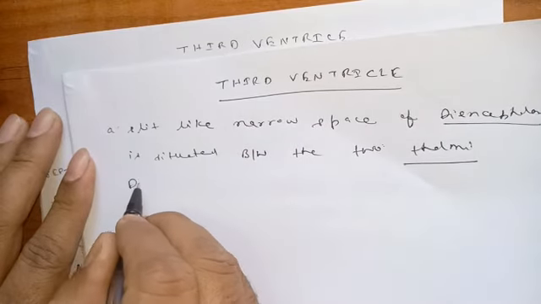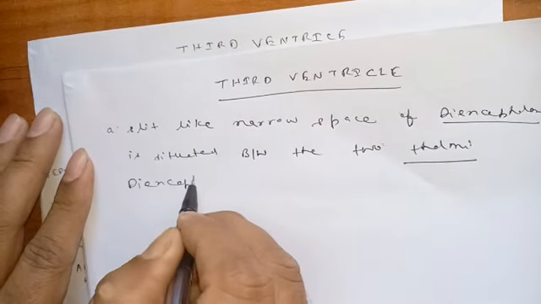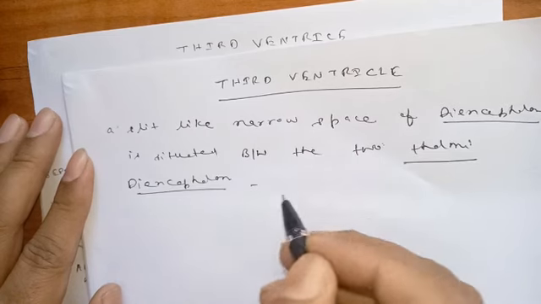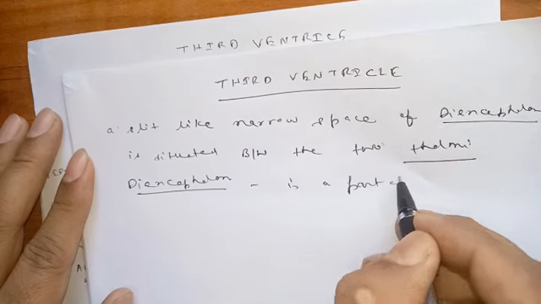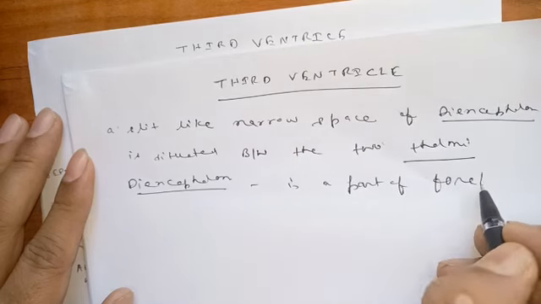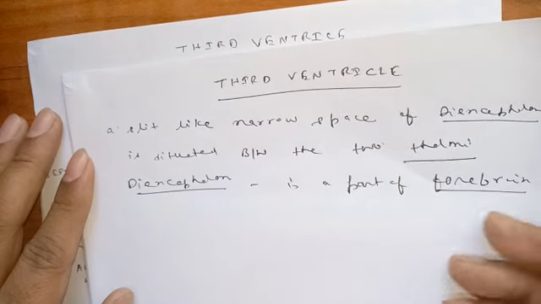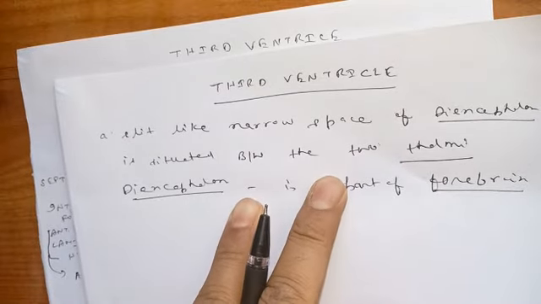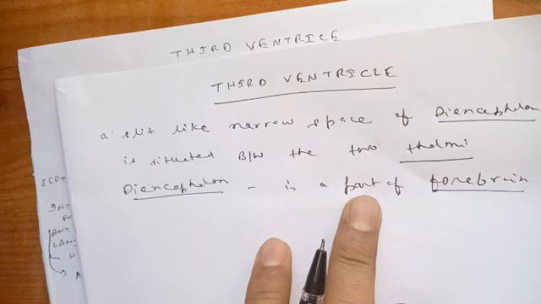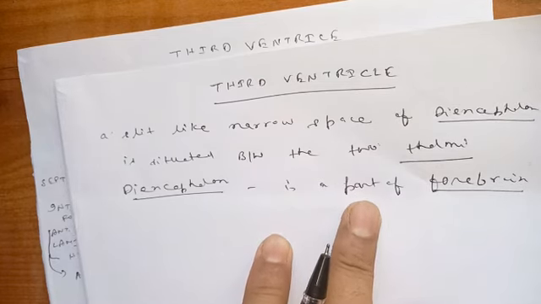And what is the diencephalon? It is a part of the forebrain. The brain has three parts: the forebrain, the midbrain, and the hindbrain. The forebrain includes the cerebral hemisphere and the diencephalon, and the midbrain and hindbrain include the pons, medulla, and the cerebellum.